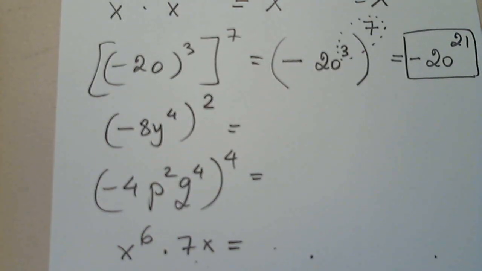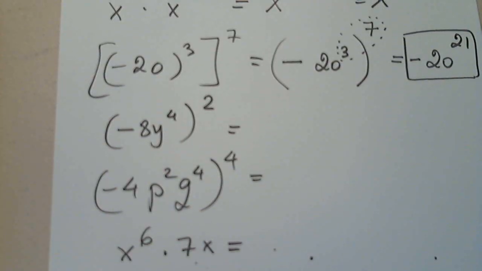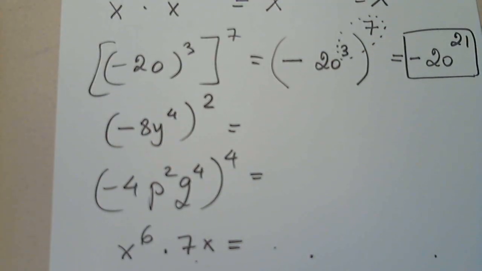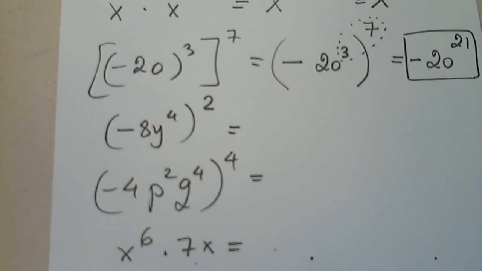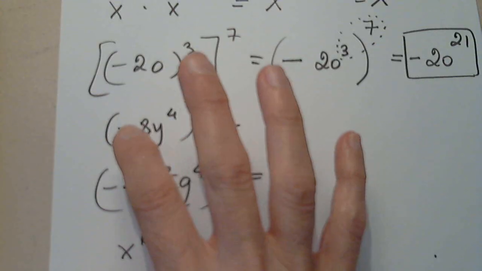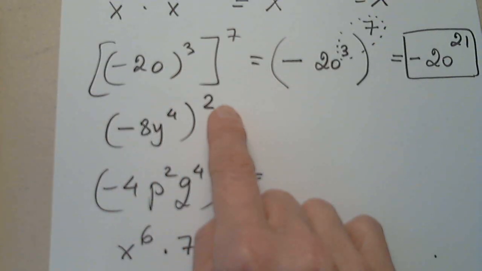Can anyone try the first one? Negative 8y to the 8th power? Negative 8 has to be raised to the 2nd power.